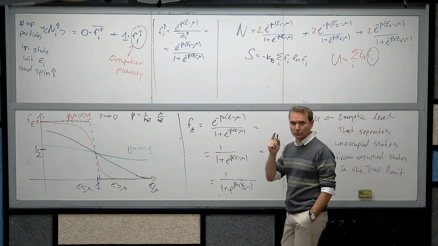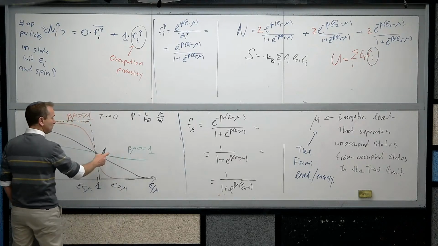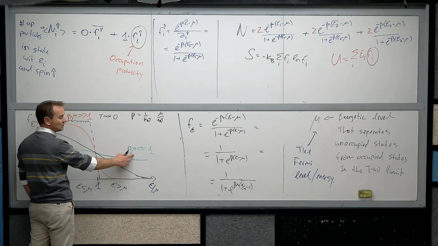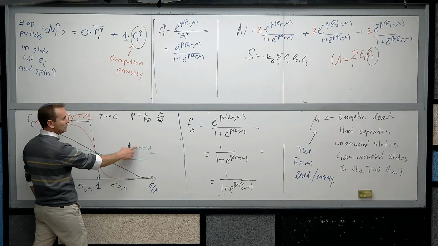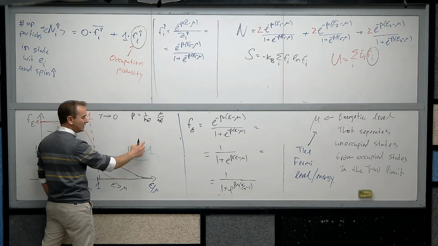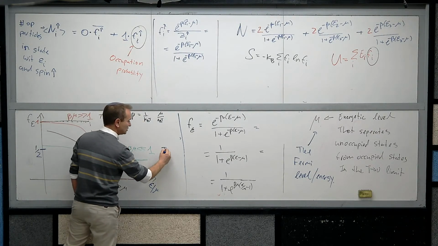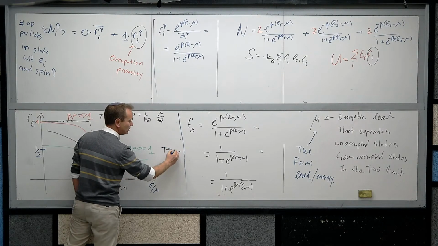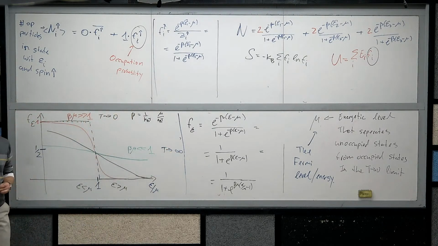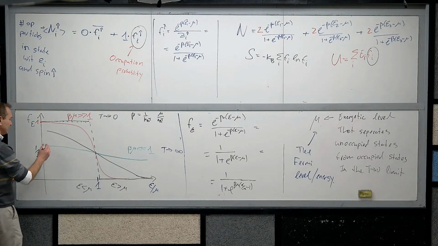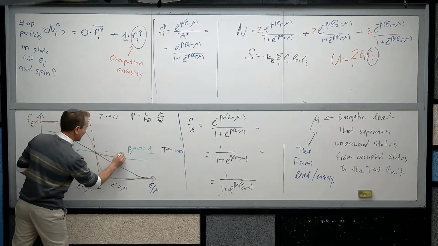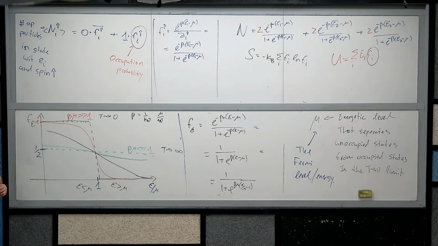Important to remember. In the other regime, when beta mu is smaller than 1, because beta is 1 over k Boltzmann T, this appears when the temperature is going to be infinite. What happens over here? This line is almost a flat line. It has a small decay, but it almost never decays.